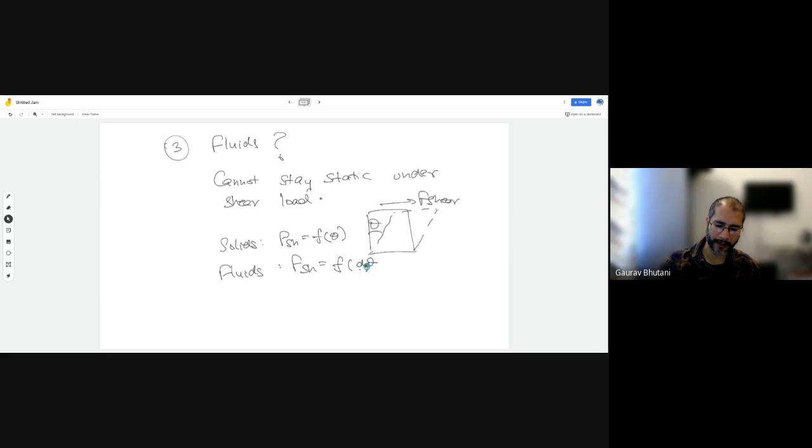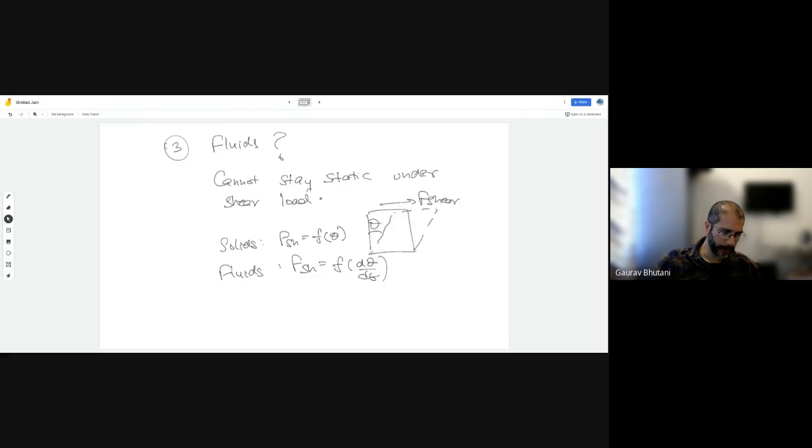The fluid will keep flowing, so this theta will keep increasing, but for some fluids the rate at which theta changes will be less compared to others. In a given second, some fluids will deform a lot, but fluids which are very viscous, very thick like honey, will have a much smaller theta change in a given second. So in fluids we relate the shear force with the rate of change of this theta.